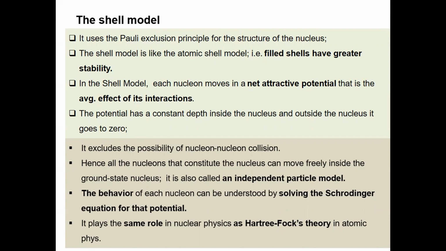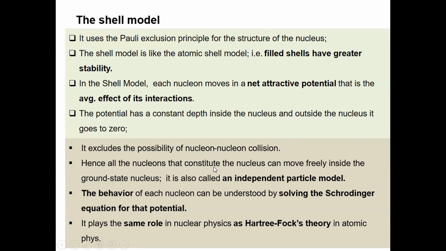In the shell model, each nucleon moves in a net attractive potential. That is the average effect of its interactions. The potential has a constant depth inside the nucleus, and outside the nucleus it goes to 0. It also excludes the possibility of nucleon-nucleon collision, so they are not interacting.